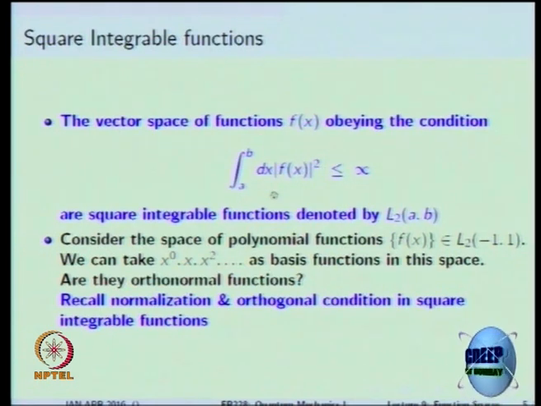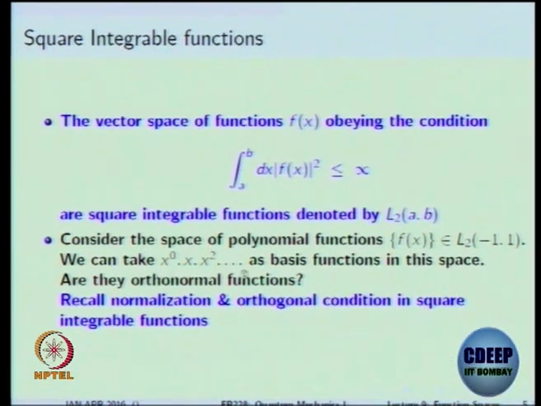So you know how to do normalization. Normalization is similar to this, and the orthogonal condition is, if you have two functions f1 and f2, like two stationary states in your particle in a box, if you integrate psi1, the first excited state, with the ground state, it will be 0, right? That is the orthogonal condition.